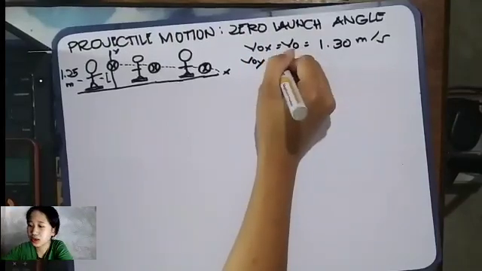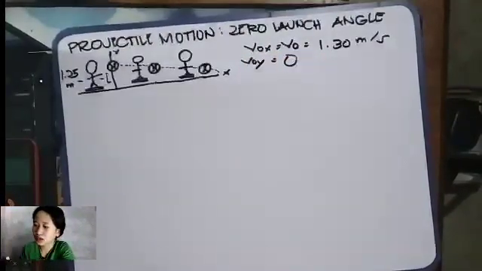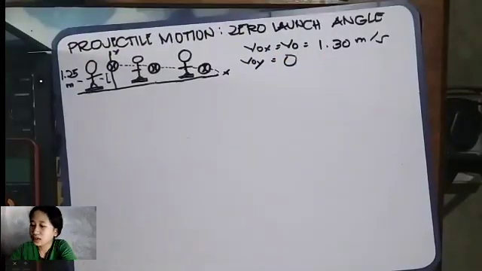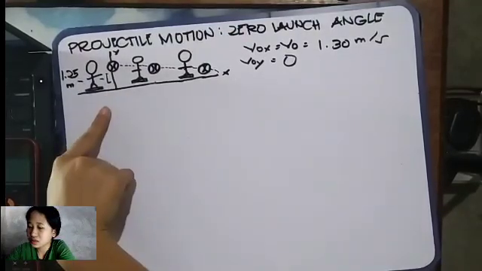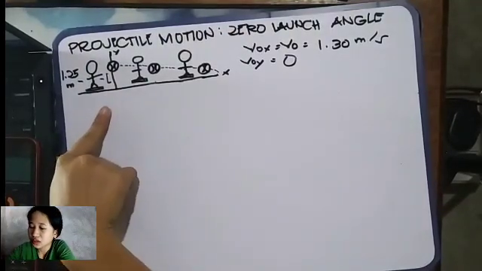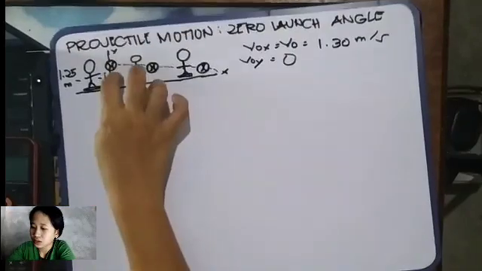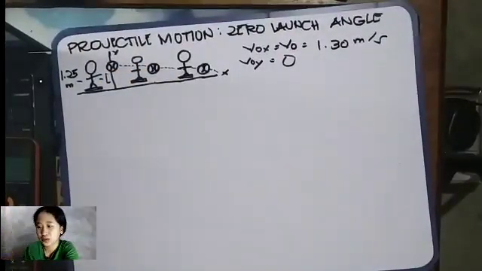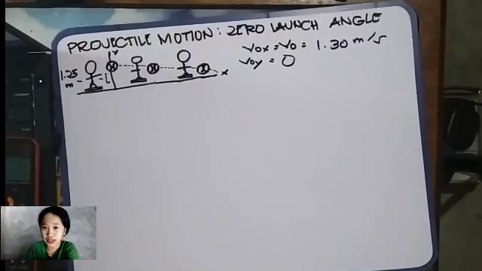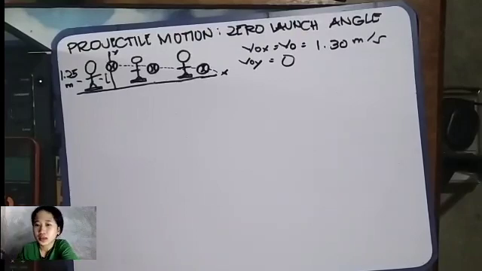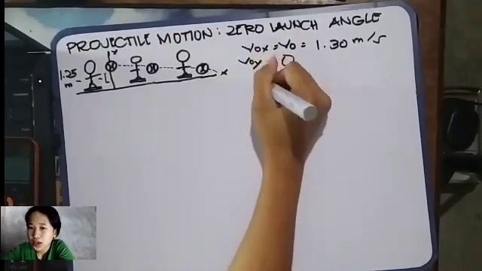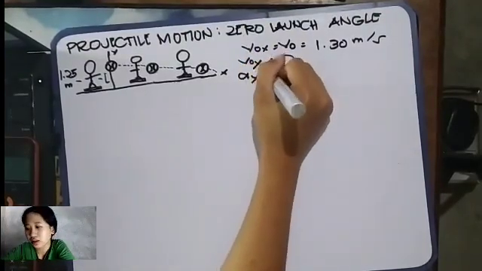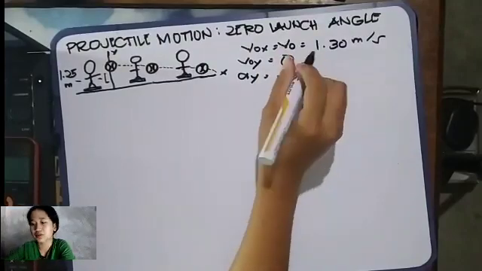Bakit 0? Kasi, di ba, nag-release ng ball ito, pababa, papunta sa ground. So, hindi na mabibilang yun kasi sa may horizontal, lalatag yung ball. Then, yung A sub Y is negative gravity kasi, di ba?